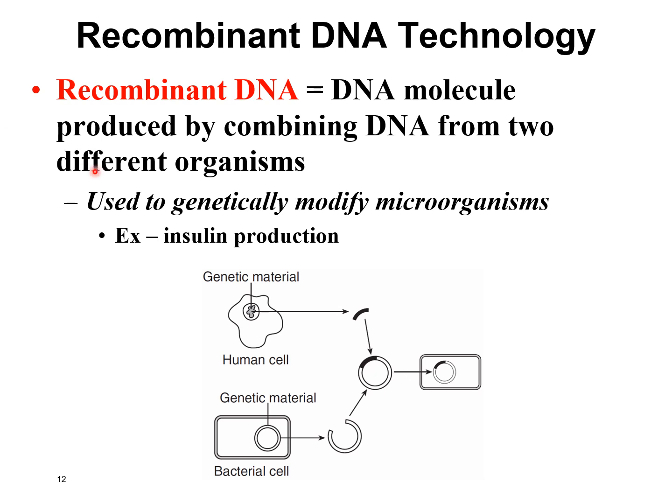So what we do is we take out the insulin gene from a human cell, and then we're going to take that human insulin gene and stick it into the bacterial chromosome. And now we've got recombinant DNA. So we've recombined the human insulin gene into the bacterial chromosome.